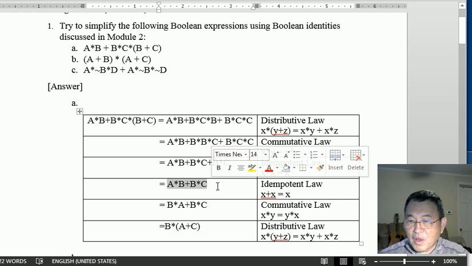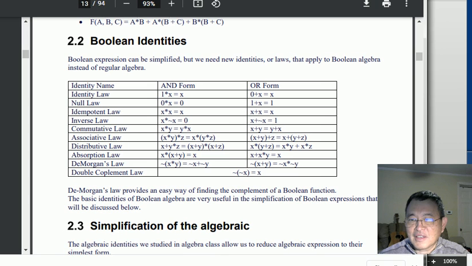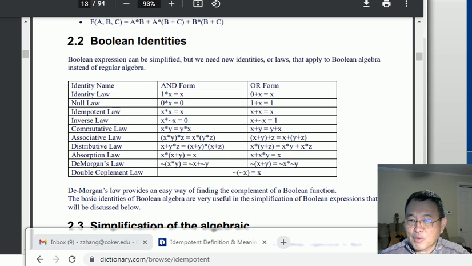And then you go to the commutative rule. Like A times B, B times A, the AND operator is kind of like a multiplication. So then you put the Bs together, and then you use the distribution rule again, pulling the B out in front. You may not be very familiar with this, but this is the exercise. You're the student, you learn this. You put the identities on the side and observe your expressions, see what you can use.